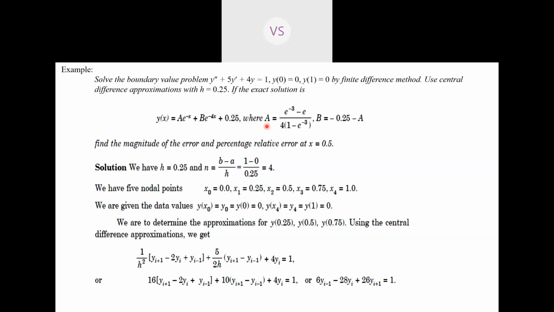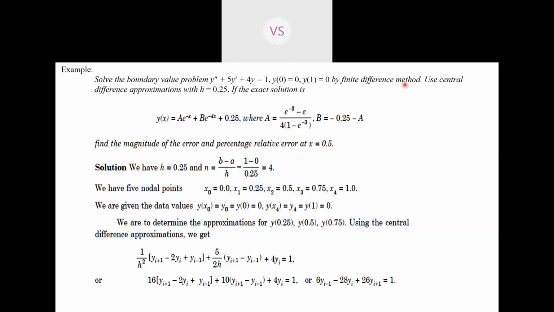A is equal to e raised to 3 minus e raised to 4, upon 1 minus e raised to minus 3. B is equal to 0.25 minus a. So you can obtain the values of a and b from here, and you can get the exact solution, that is the analytical solution. And we are asked to find it by finite difference method, which is the numerical method.